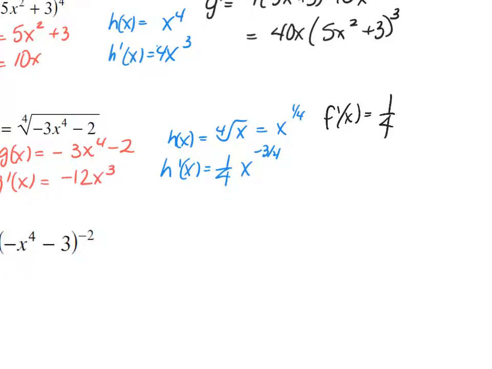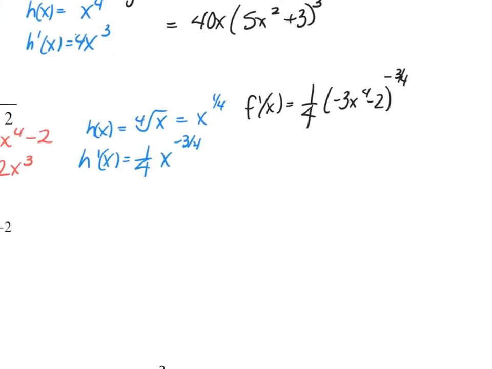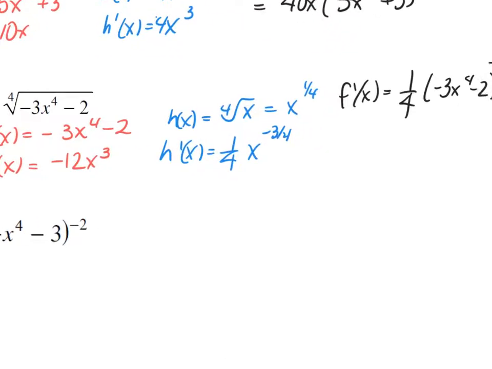And then do I write x raised to the negative 3/4? Nope, it is my inner function raised to the negative 3/4. So it is 1/4 times negative 3x to the 4th minus 2, raised to the negative 3/4. And then the derivative of my inner function, which is negative 12x cubed.